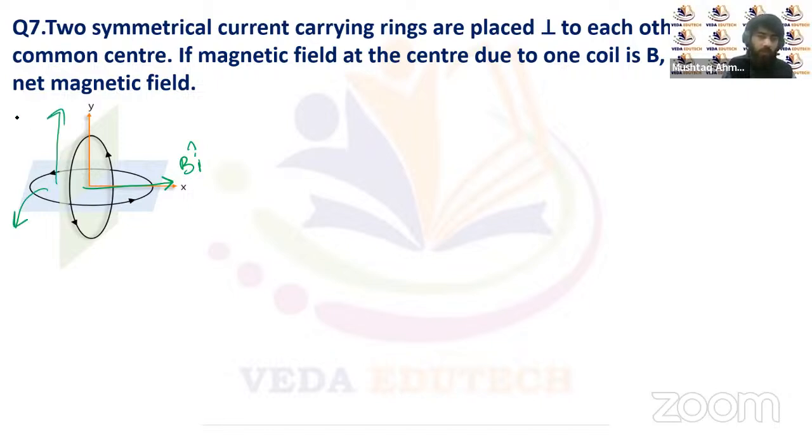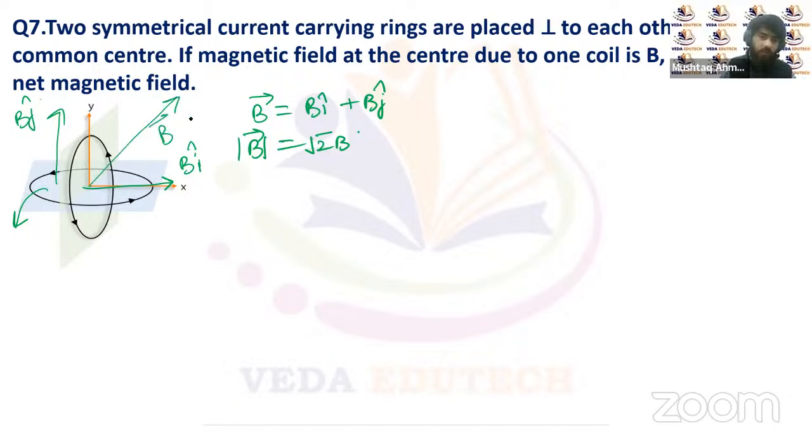So let's write that as P j cap. If the magnetic field at the center due to one coil is P, the magnitude of the magnetic field due to each coil is P. So the net magnetic field B will be equal to P i cap plus P j cap, or we can write mod of B will be root 2 times P. So this is the net magnetic field at this point, and the direction of this net magnetic field will be along this direction.